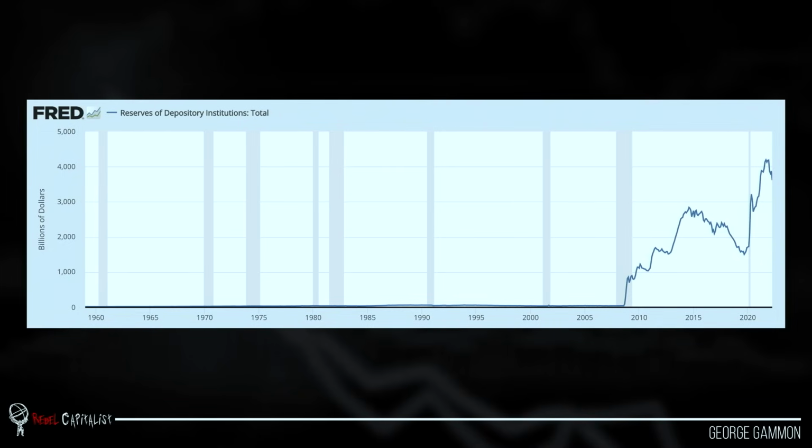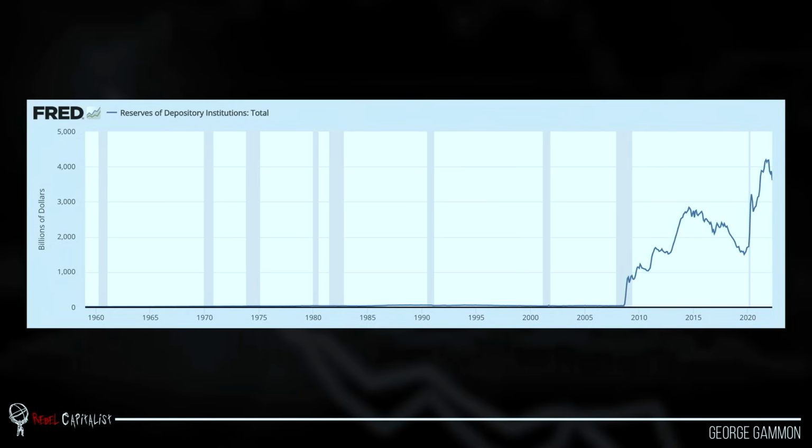So this is a chart of bank reserves held at the Fed, going all the way back to, call it 1960, to today's date. And you'll notice from 1960 to 2007, not much happened. Pretty much flatline. So let's think about this.